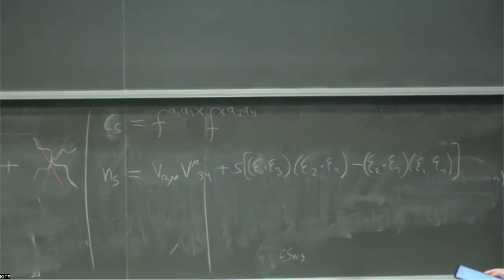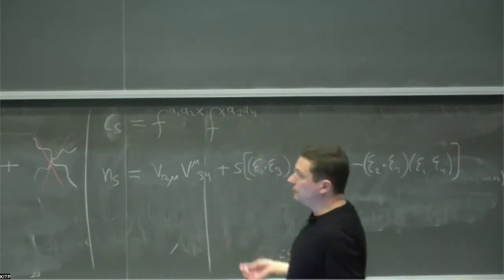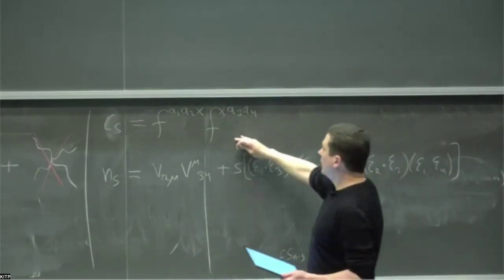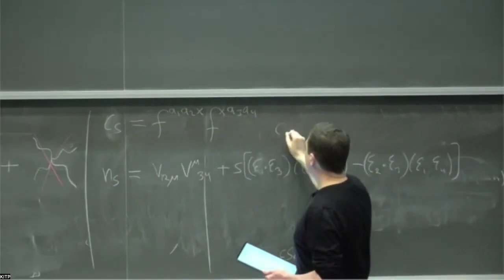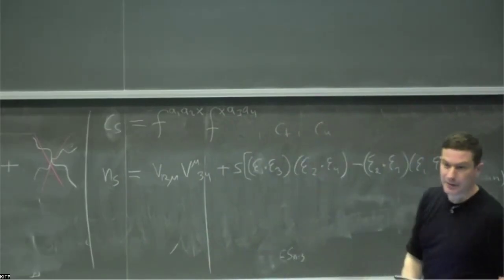Now, a crucial aspect at 4 points that you're not going to encounter at 3 points is that your color factors, CS, CT, and CU, are not independent. They're dependent.